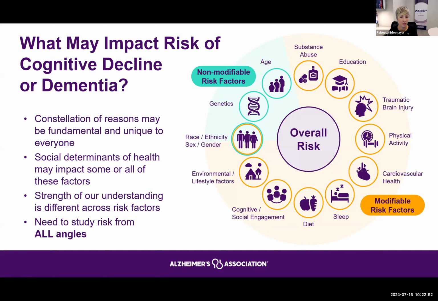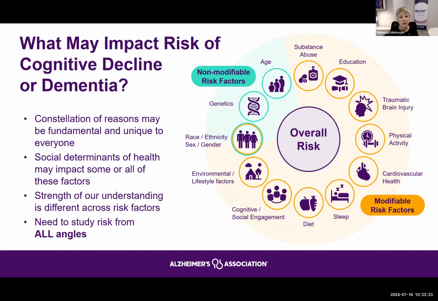All of these factors, both modifiable and non-modifiable factors, help to define our overall risk. And we know that also social determinants of health may impact some or all of these factors, depending on you as an individual or you as a population or group of individuals living in a particular environment. The strength of our understanding around risk is still continuing to grow over time, and there's an immense amount of research happening in this space, and we're continuing to learn more and more over time.